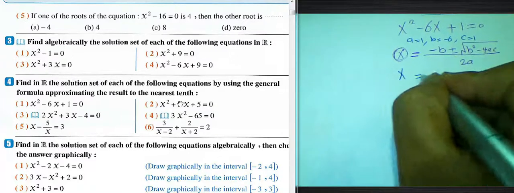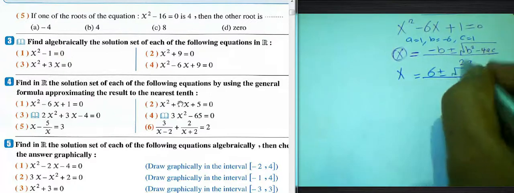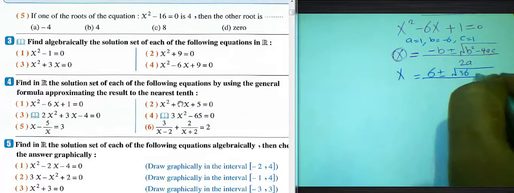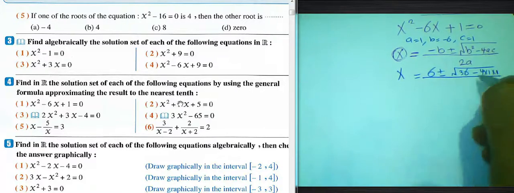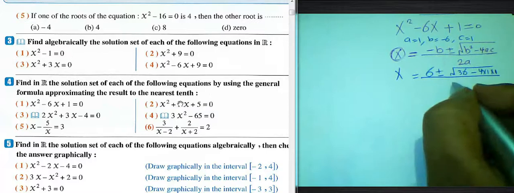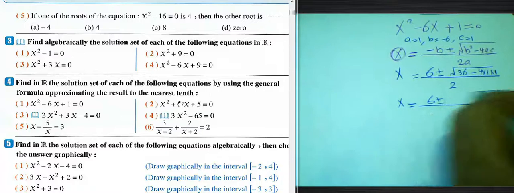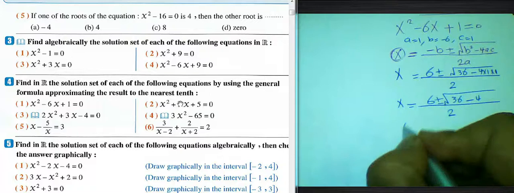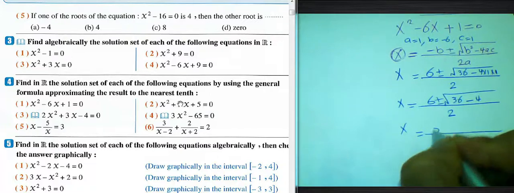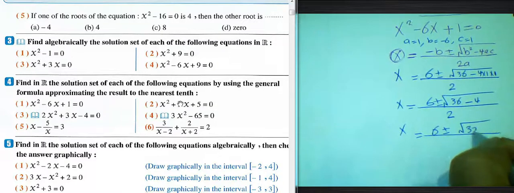So x equals negative b, which is 6, positive or negative, square root of b power 2, which equals 36, subtract 4 times a times c, over 2 times a, which is 2. So x equals 6, positive or negative, square root of 36 subtract 4, divided by 2. x equals 6, positive or negative, square root of 32, divided by 2.